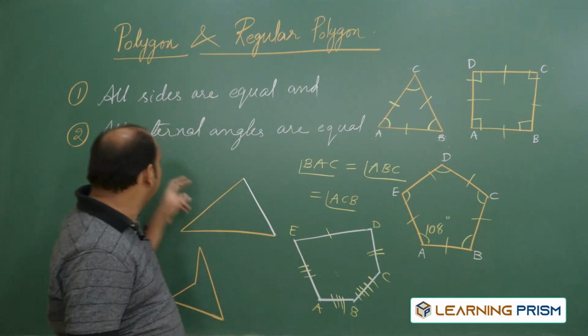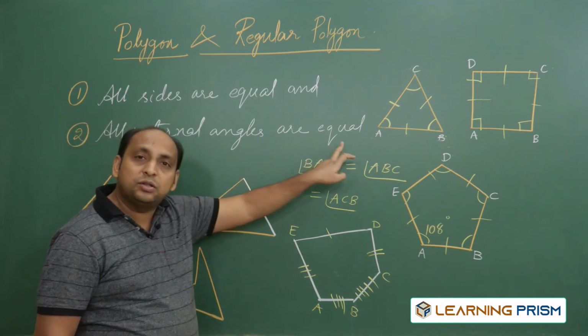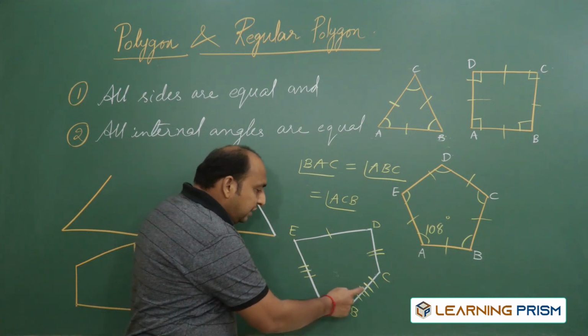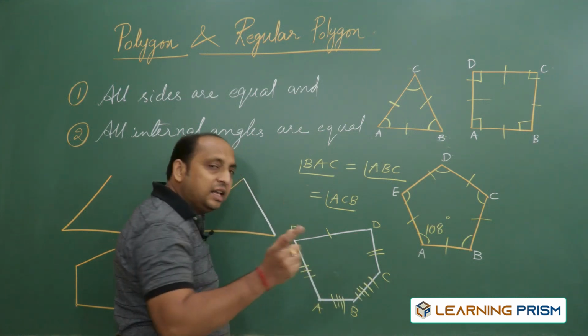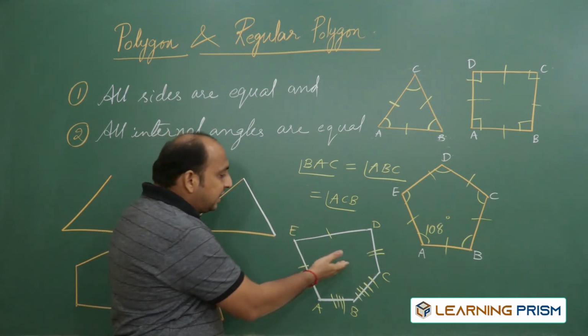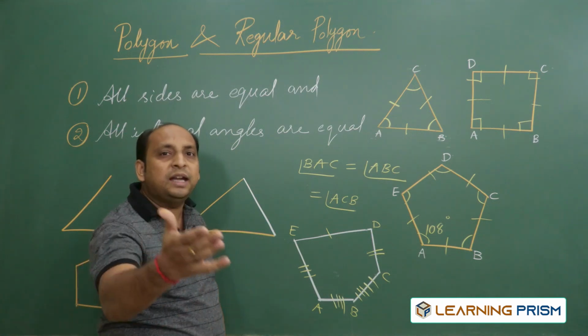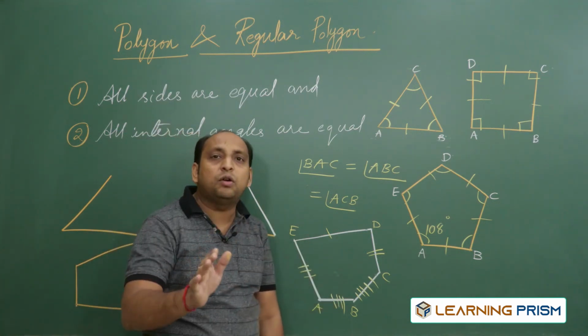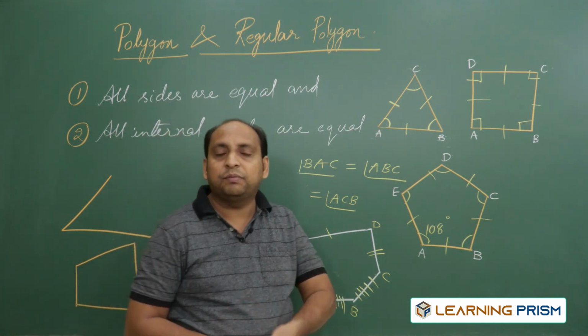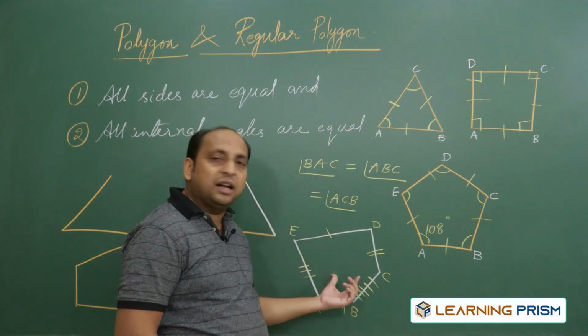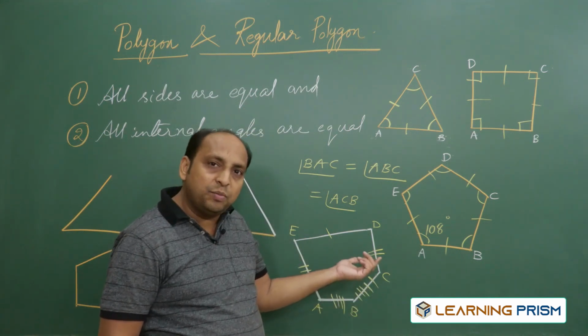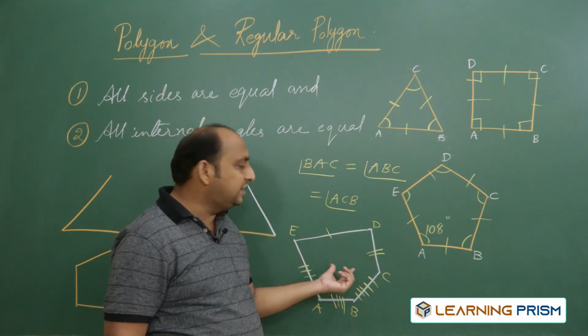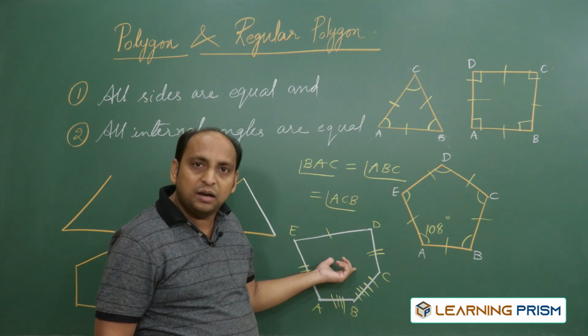And also all internal angles should be equal. This angle, this angle, this angle, all these angles should also be equal. When the sides are unequal, automatically the angles will also not be equal. Right? So when the sides are not equal, angles will also not be equal. So this does not become a regular polygon.